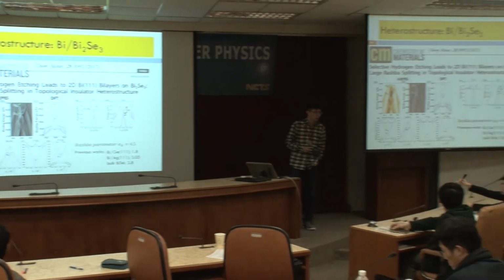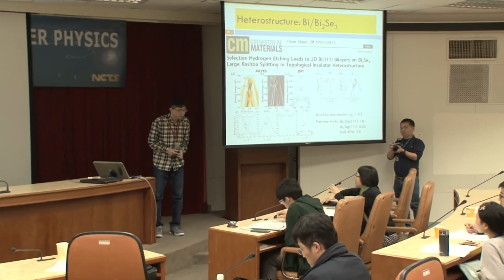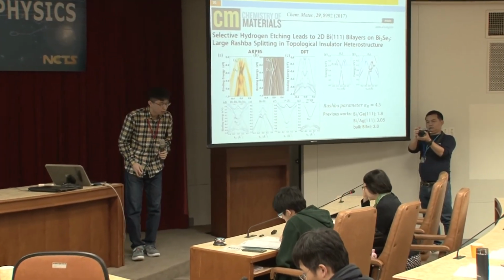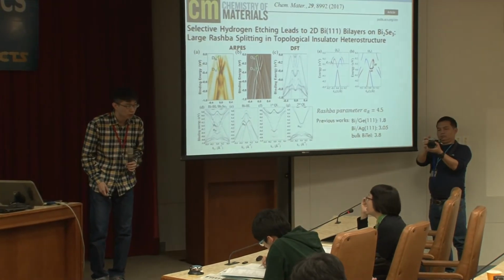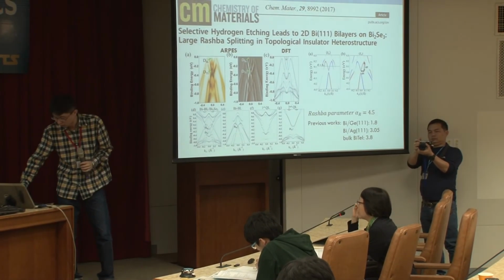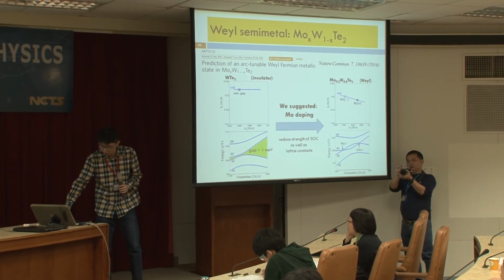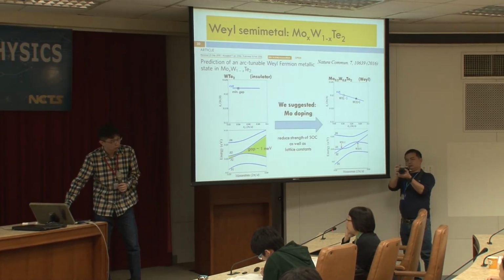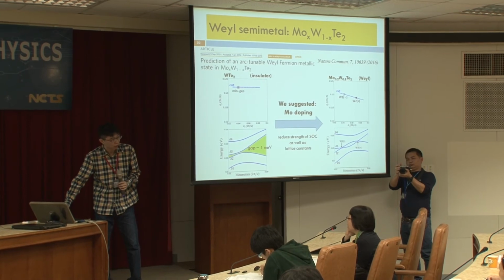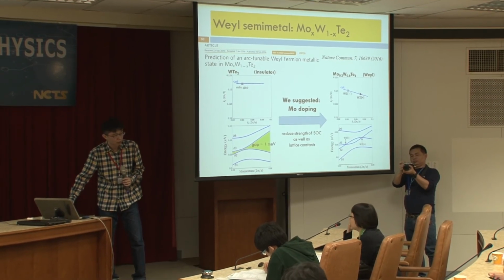Professor Zhang, thank you. I was just curious about this tungsten telluride case doped by molybdenum. In the calculation, you have to do supercell calculations and vary that x concentration.